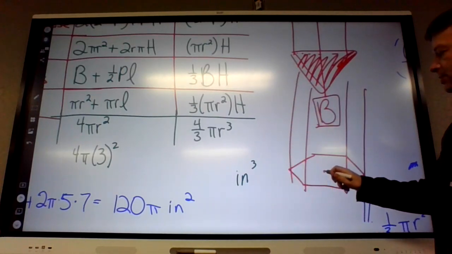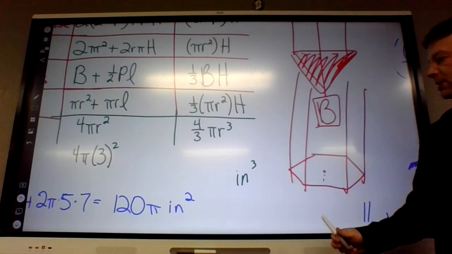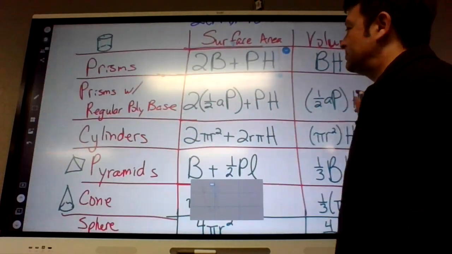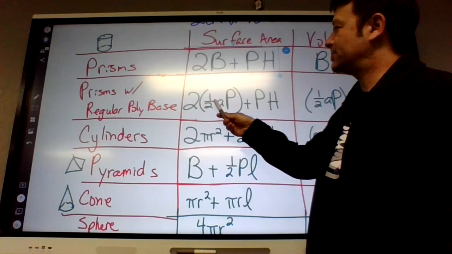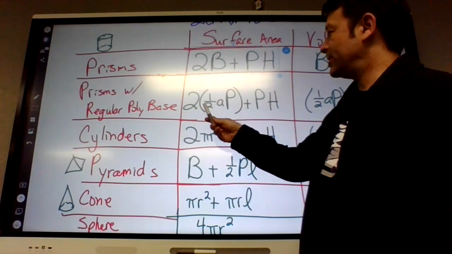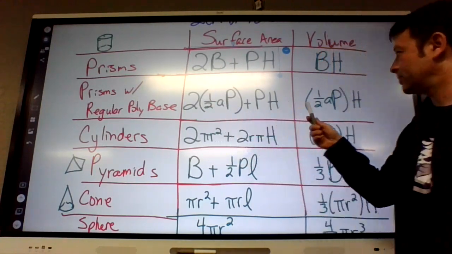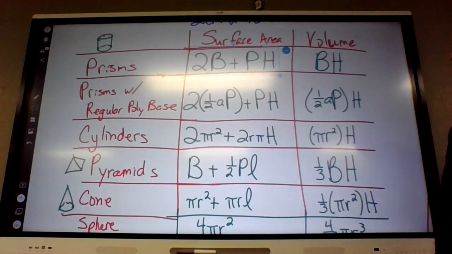What formula did we learn yesterday for the area of regular polygons? Half AP. Right, 1/2 apothem perimeter. So I just kind of changed this a little bit. I probably could have skipped this one, but I just wanted to remind you, 1/2 apothem perimeter is the area of the base if it's a regular polygon. So I replaced the bases with 1/2 apothem perimeter.